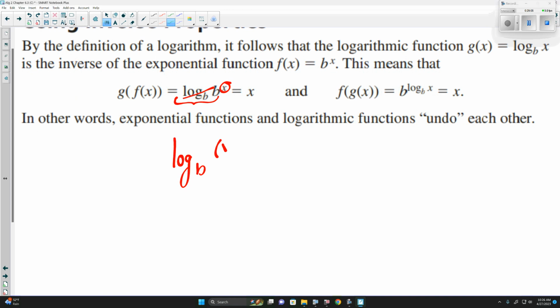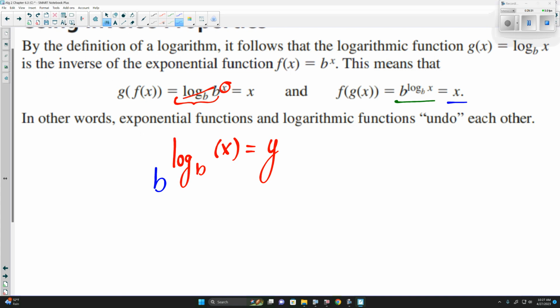Log base b of x is equal to y. Okay? So this here we can add in just so we know that this is true. Now if I apply a b, this to the base b, according to this here, log base b of b to the x is x, just what's inside, yes?